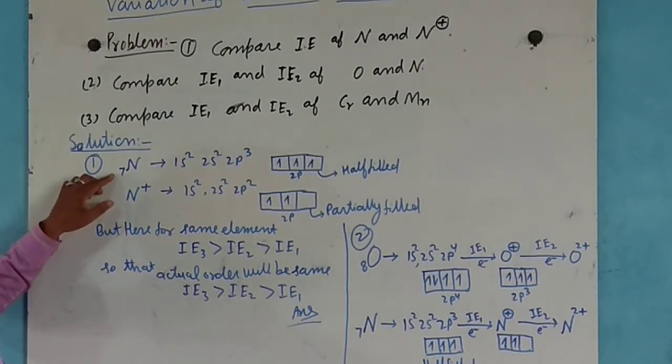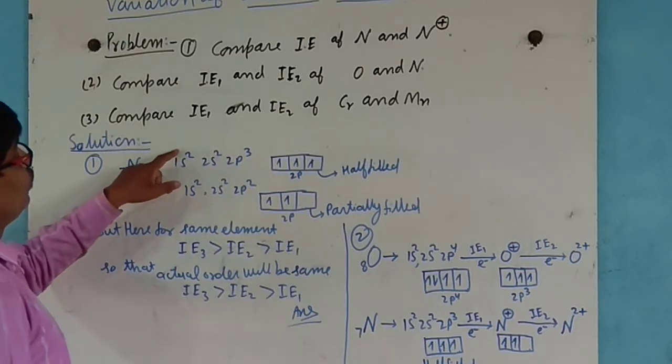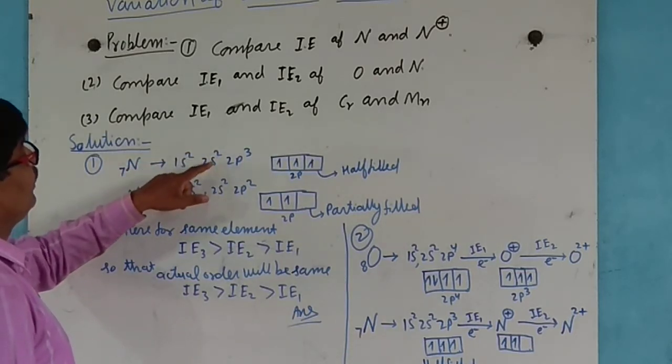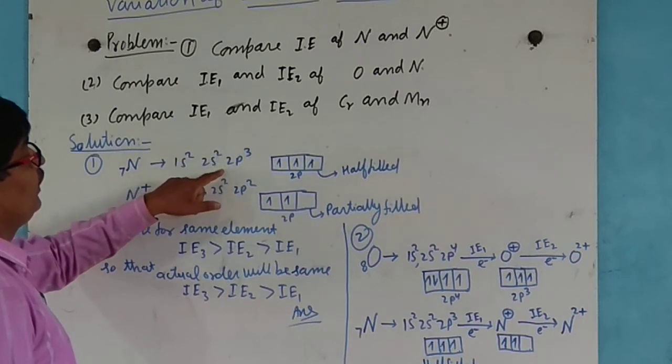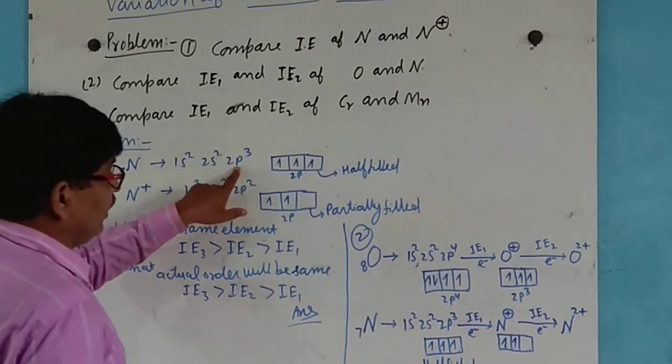Now first problem, nitrogen. Atomic number is 7: 1s2 2s2 2p3. Here the last electron is filled in the p block.